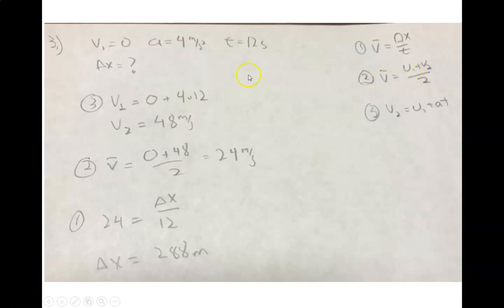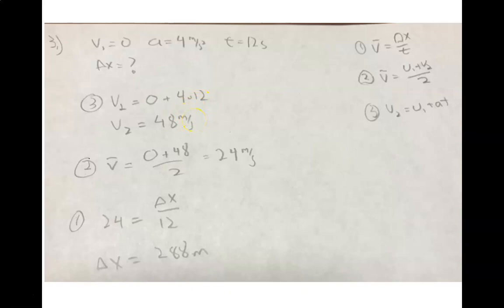I've got v1, but I don't have v2. Let's look at the third equation. Here I can find v2 if I know v1, a, and t, which I do. v1 is 0, a is 4, t is 12, so v2 equals 48 meters per second.